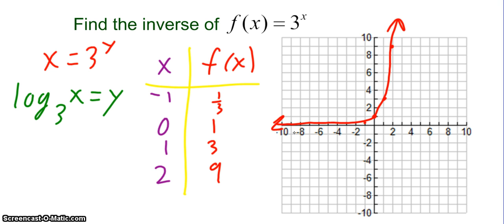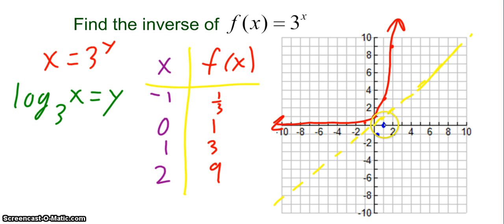Perfect. And now I know that those values are going to flip over the line y equals x. So there's my line y equals x, a little sloppy, but you'll get the idea. So for instance, f inverse, instead of having the point 0, 1, I'm going to have the point 1, 0. Instead of having the point -1, 1/3, I'm going to have the point 1/3, -1.